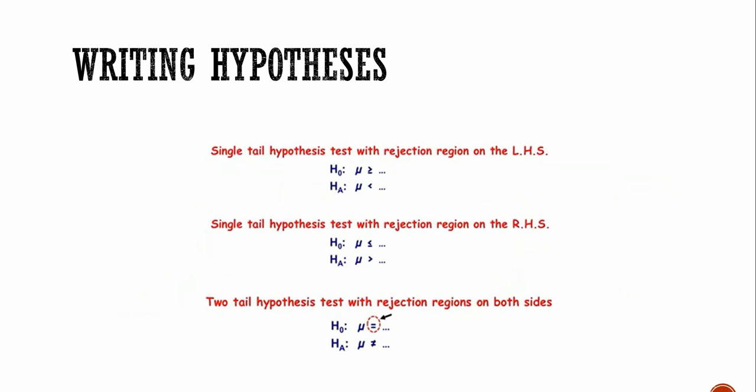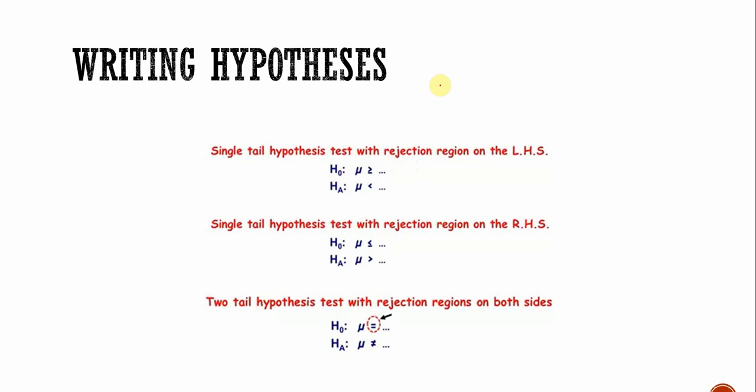So this is just a summary of how you write the hypothesis for all the three cases. So when the rejection region is on the left hand side, you will use your null hypothesis as mu is greater than or equal to the value which is given in the question. And the alternate is just the opposite.